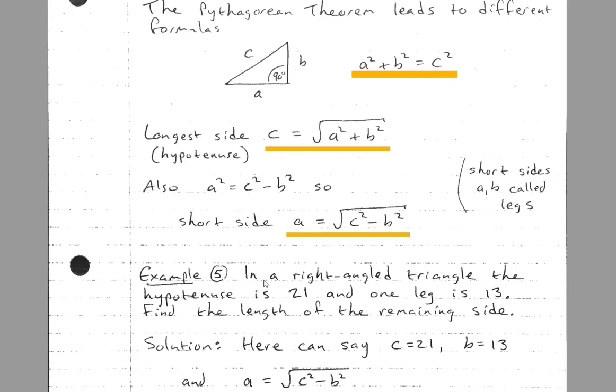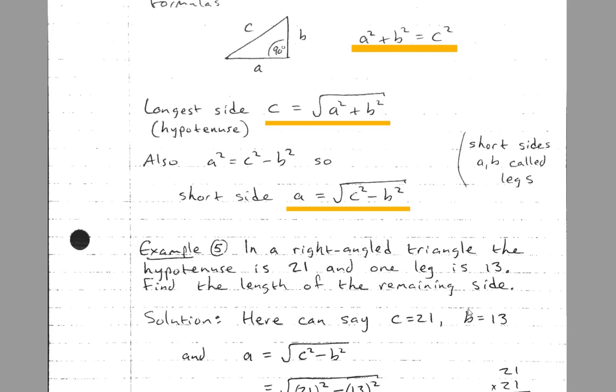Alright, example 5. In a right-angled triangle, the hypotenuse is 21, and one of the legs, one of the short sides, is 13. Find the length of the remaining side. So we know the longest side is 21.